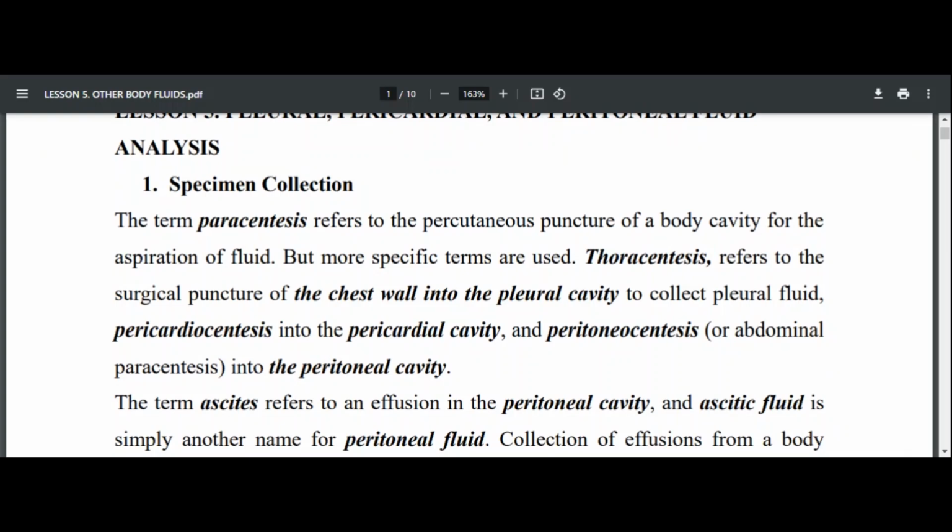It can be a thoracic cavity, and we in fact correct through thoracentesis, which is a surgical puncture of the chest wall into the pleural cavity to collect pleural fluids.